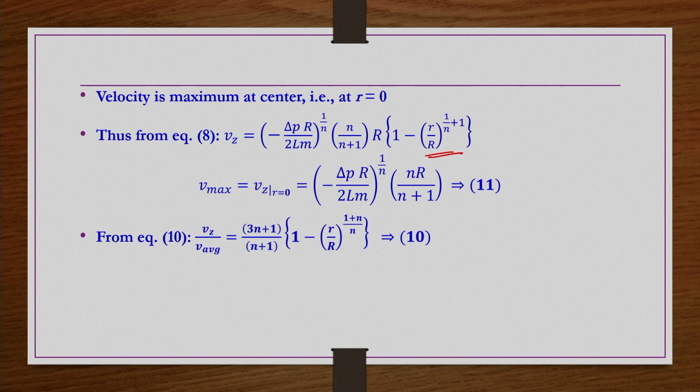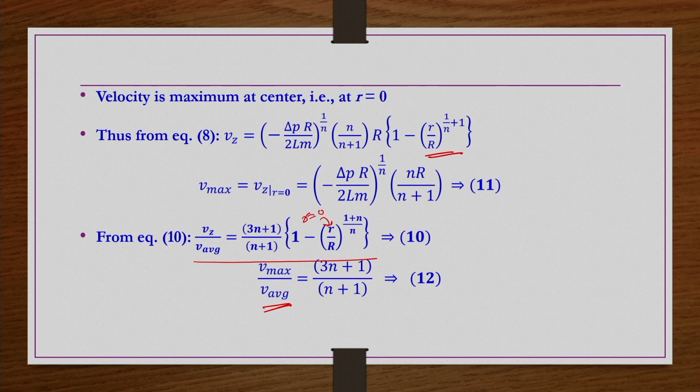Now, Vz by V average we already got in the previous slide. If you wanted to find out V max by V average, in this equation number 10, if you substitute r equals 0, then V max by V average is nothing but (3n plus 1) by (n plus 1).